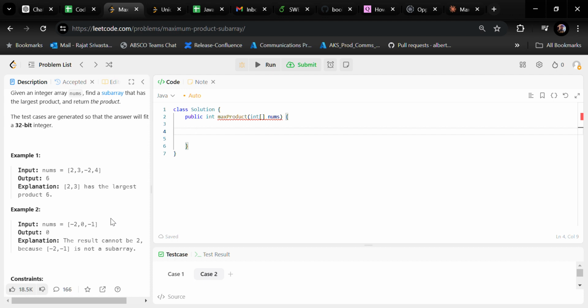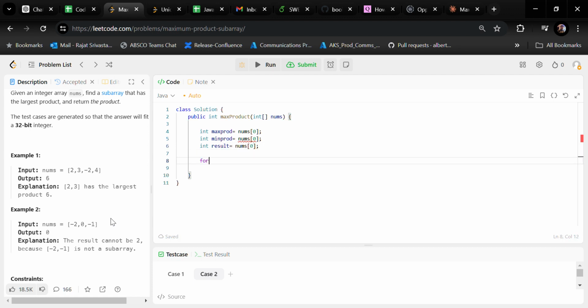We will just take a variable int maxProd, which contains the first value, and then we will take int minProd, which contains the first value as well, and then we have int result, which also contains the first value.